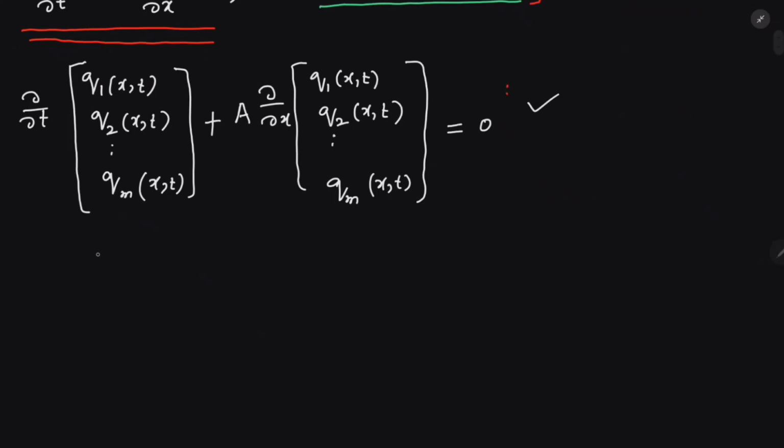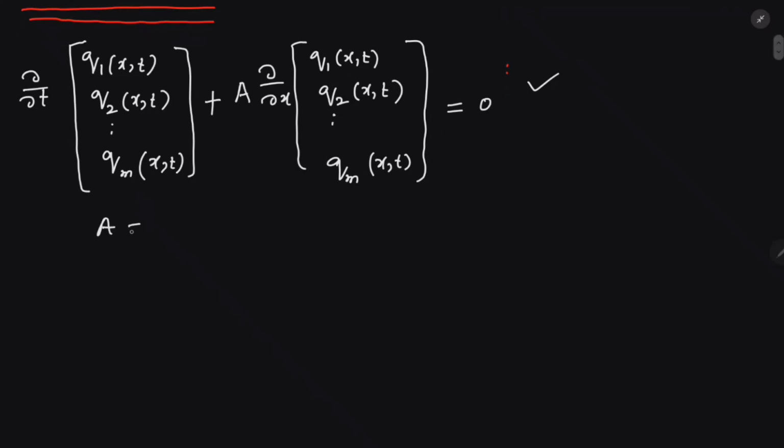For example, we have partial Q1 by partial t, and we have, for example, this matrix A. Let me just write it in this way. Suppose I have A is equal to A11, A12, A21, A22, which is a coefficient matrix. And remember that in future we will talk about this coefficient matrix a lot.